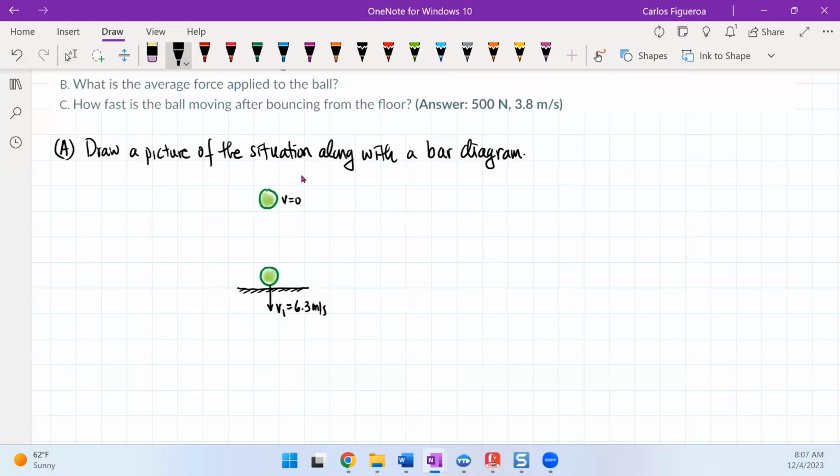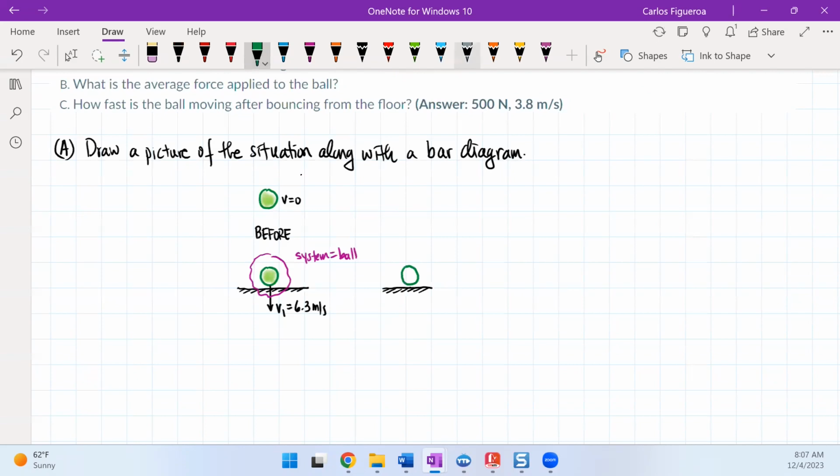So what do we know here? Is momentum conserved? We want to make our system be the ball. Are there any forces that are external to the ball? And the answer is yes. So if we're looking right before the collision, afterwards they tell us that the ball is going to bounce back.